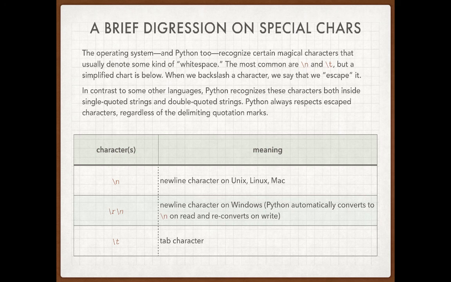So for those of you who are working on Windows, you'll probably never see that \r\n, but under the hood, it's actually still there. That's all right. Python is helping us out here. And then we've seen this a little bit before too when we were working with strings. \t is a tab character. Now, there are some other special characters, but these are the ones that you're going to see the most often.